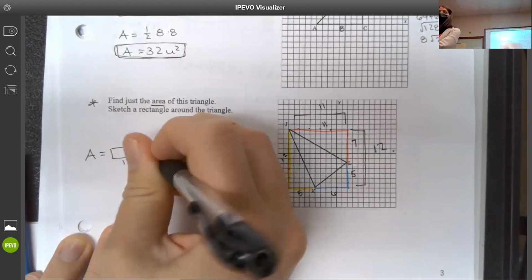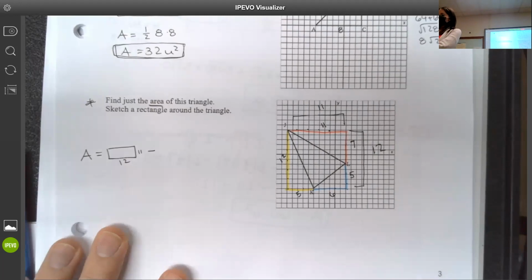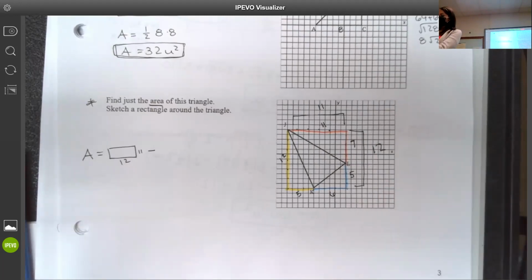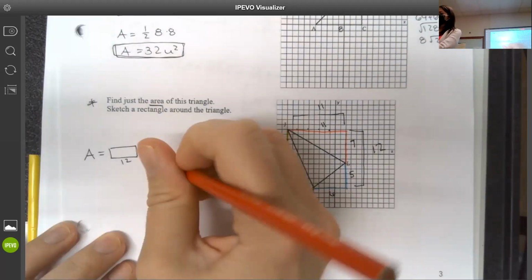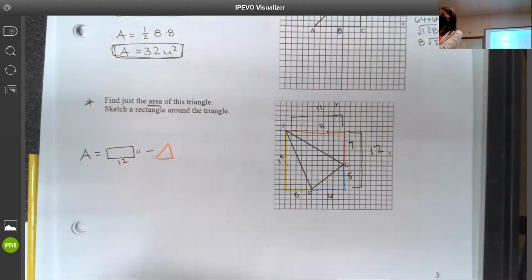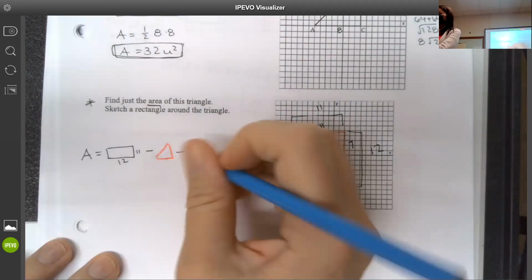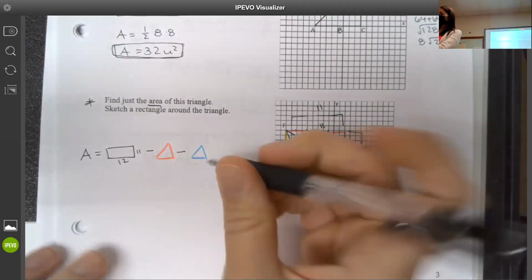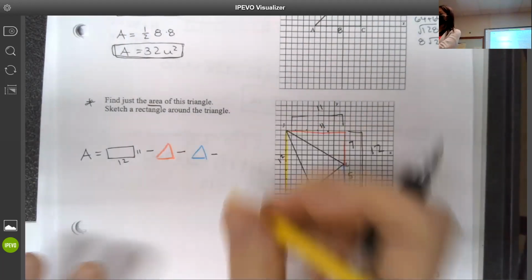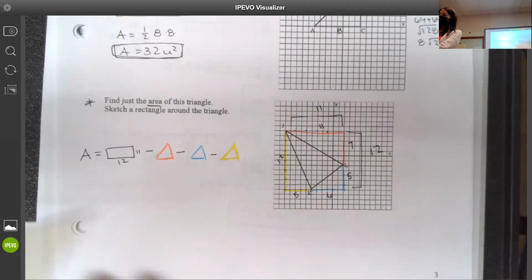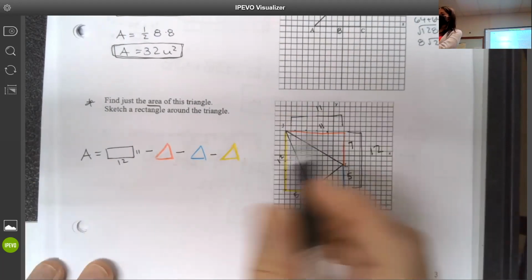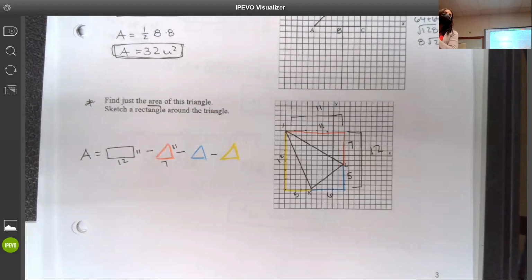So 12 by 11 rectangle, right? And I'm going to subtract out the area of the red triangle, and I'm going to subtract out the area of the blue triangle, and I'm going to subtract out the area of the yellow triangle. And what I do is I just draw these dimensions in, so I'm not even going to look at the picture again.